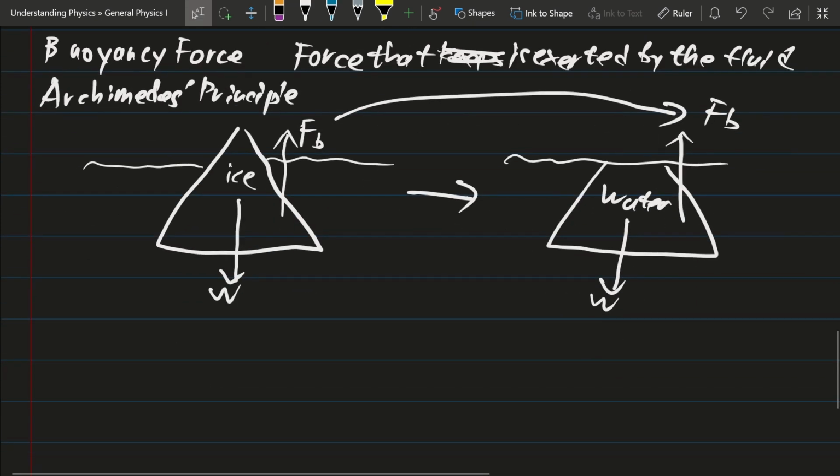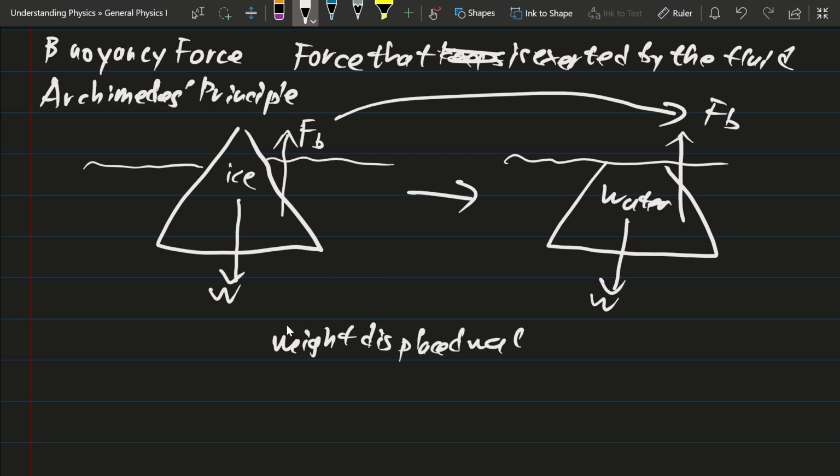So the weight of the displaced water should be the same as the weight of the object. That's the key idea for an object to float or sink.